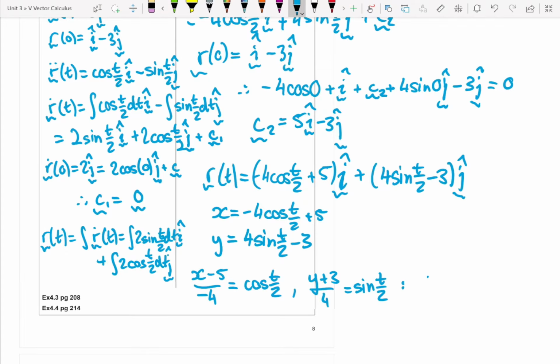So 1 is equal to x minus 5 squared on 16, since negative 4 becomes positive 16 when squared, plus y plus 3 squared, also on 16. We can see that this is a circle with center (5, -3) and a radius of 4. Multiplying each term by 16 gets the 16 onto the left-hand side: 16 equals x minus 5 squared plus y plus 3 squared.